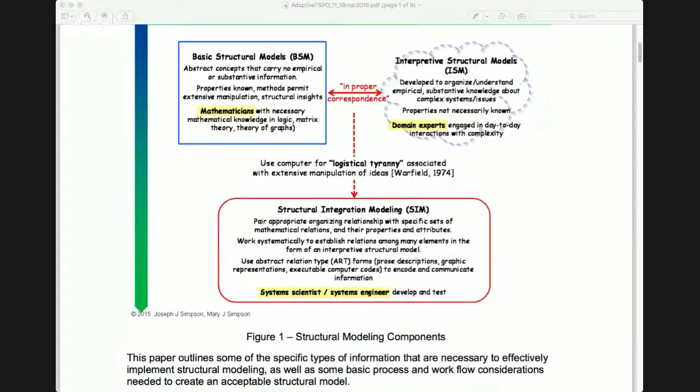And this is an interesting area, and it has some unique aspects. We've developed some tools to help us in the structural integration modeling area. One of those tools is an abstract relation type concept that's used to provide a specific standard form for encoding information.